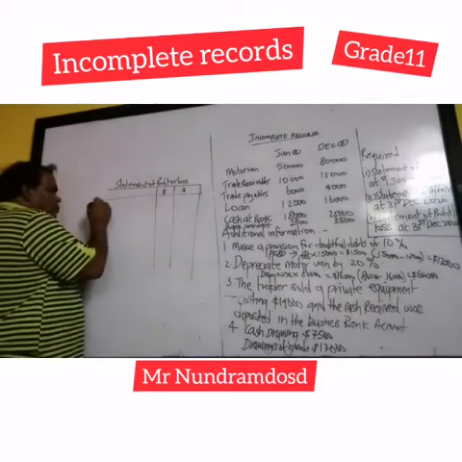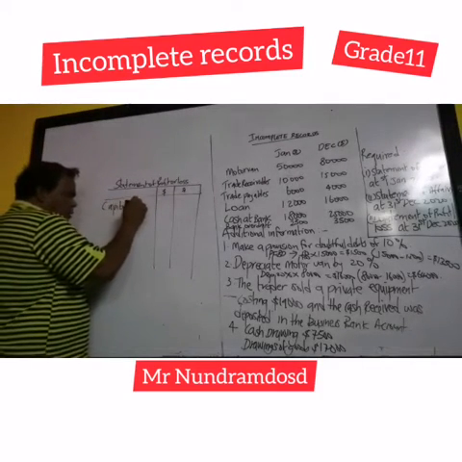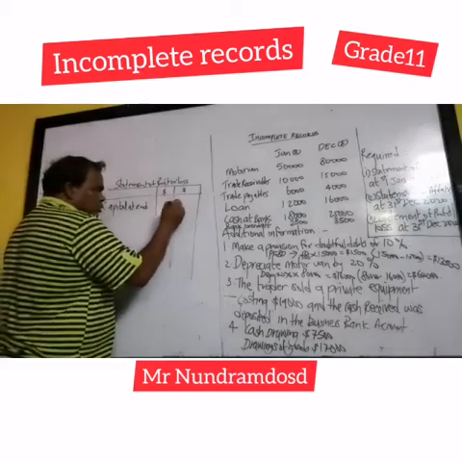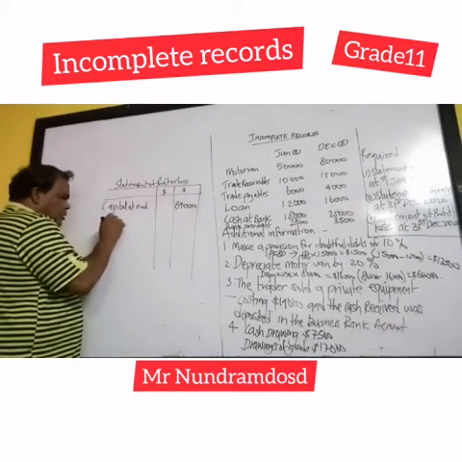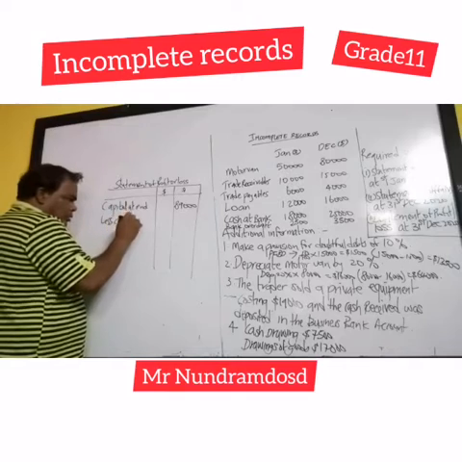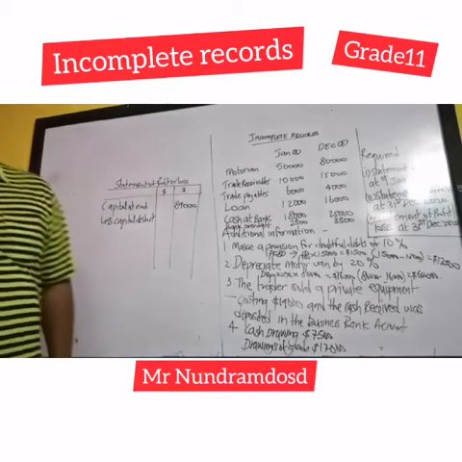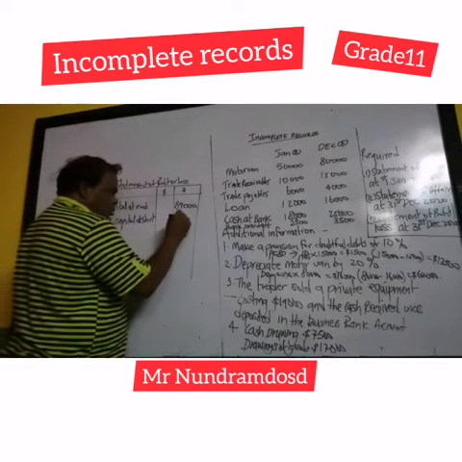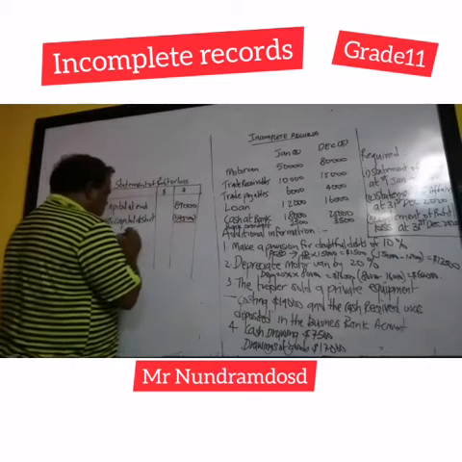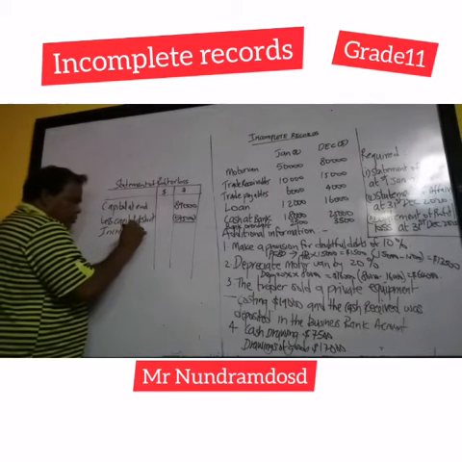Here we will have capital at end, it is a format given to you. Capital at end, how much did we have? 89,000. Less capital at start. We have calculated capital at start, 57,500. This will give us increase in capital.